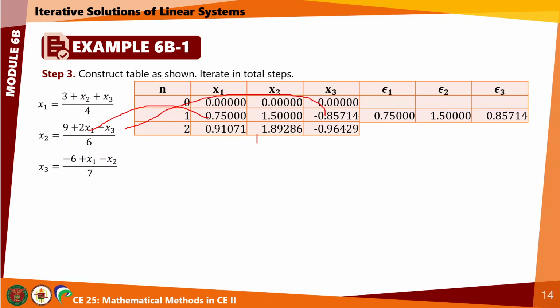And then we get this, and so on and so forth. Okay, yung absolute error natin, so kay error 1, absolute difference nitong dalawa, that's 0.16071. Ito naman 0.039286. Itong dalawa naman is 0.10714.